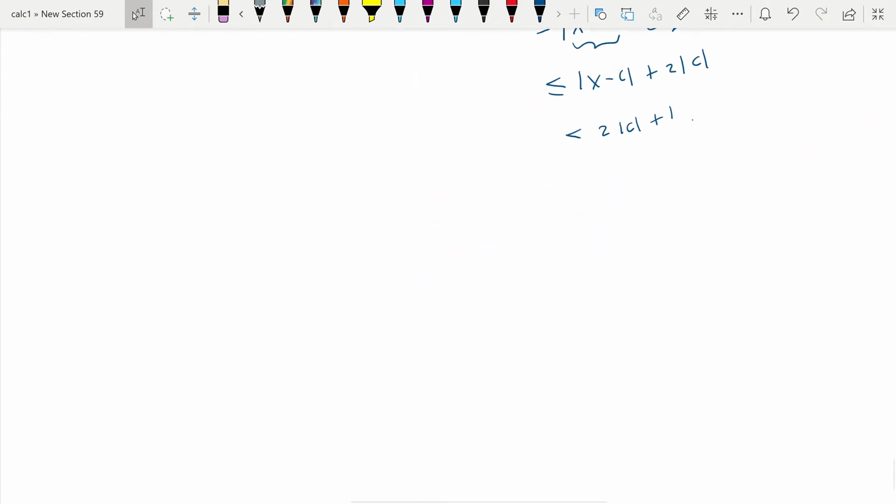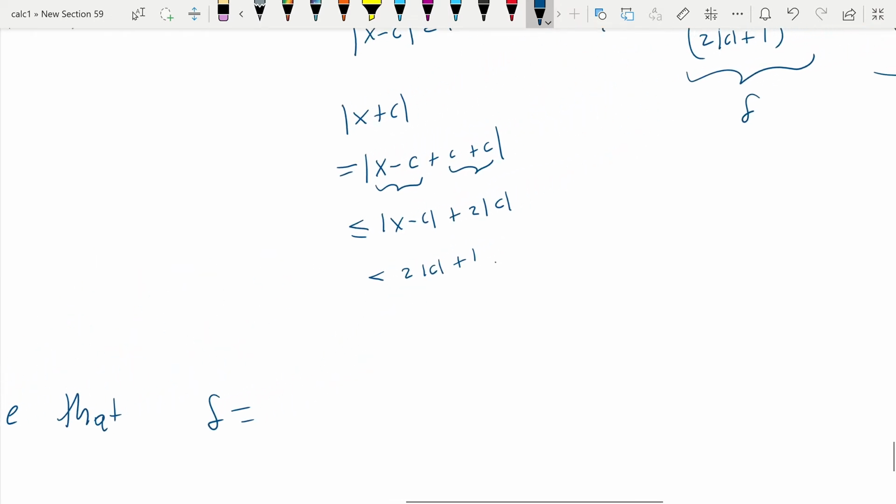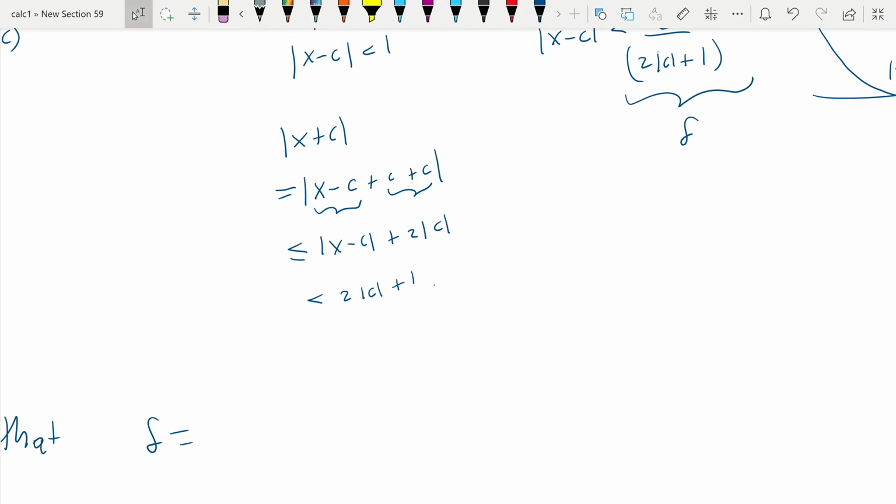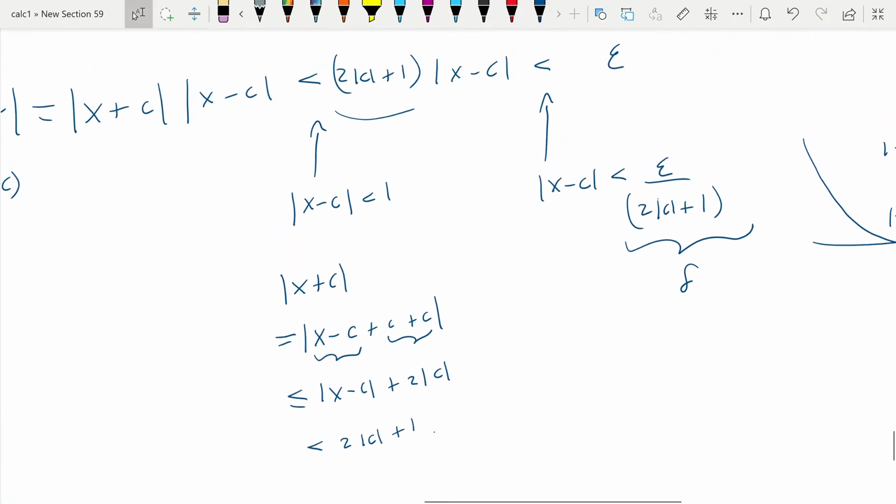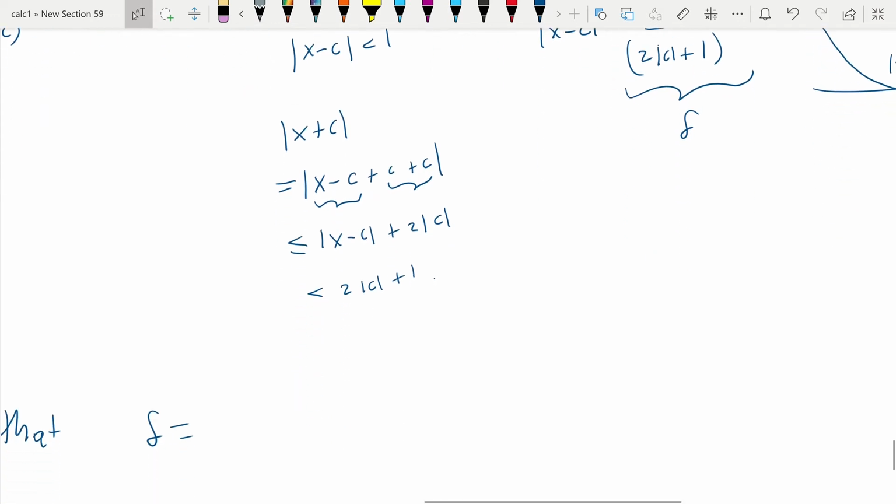So to conclude, we see that delta, and of course if you're assuming that x minus c is smaller than two things, in order to ensure that both things are satisfied at the same time, then you just pick the smallest one of the two conditions.